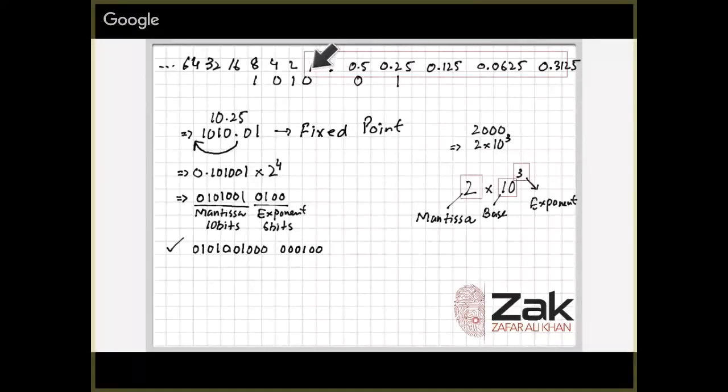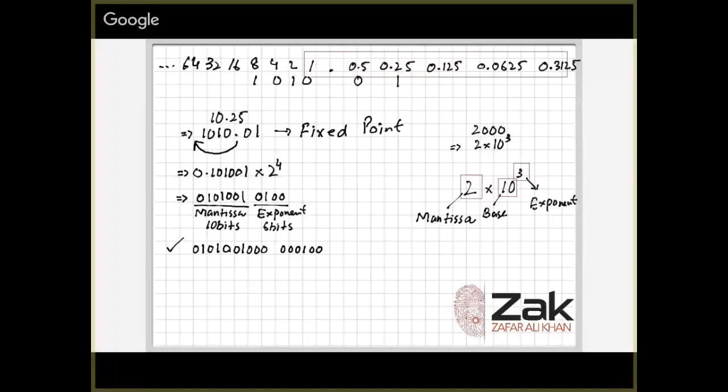So on the left of the point this is 1, and on the right of the point this is 0.5. So when it grows this way, it means that if Mantissa grows, only a smaller fraction grows. Since it is in 2's complement, this 1 would be negative.